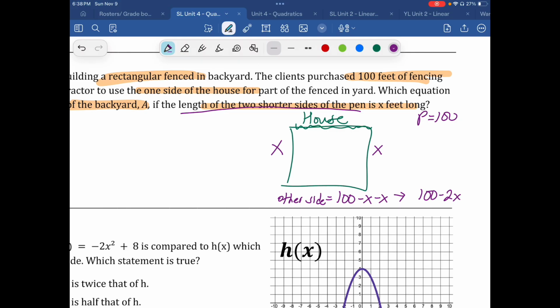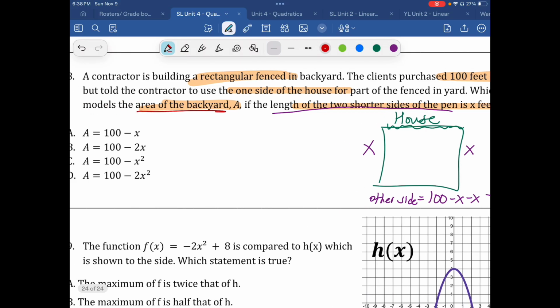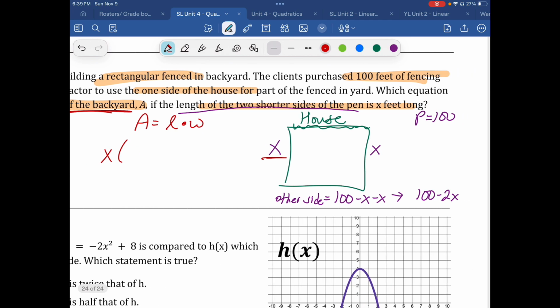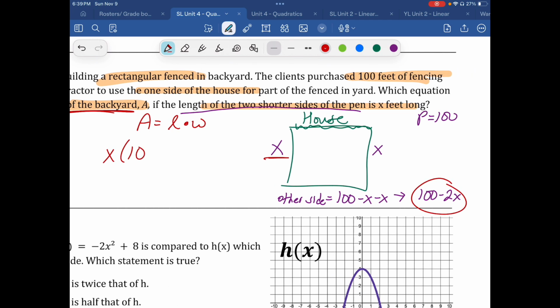Then it says find the area of the backyard. Well, the area of our rectangle is length times width. So take my length, which was x, and multiply it by the other side, which was 100 minus 2x.